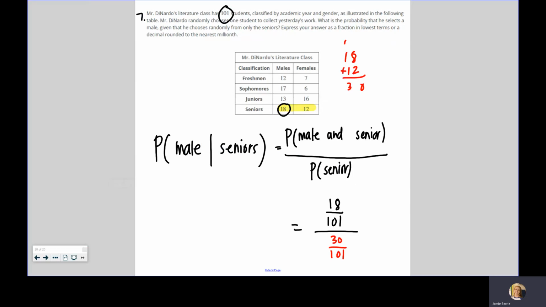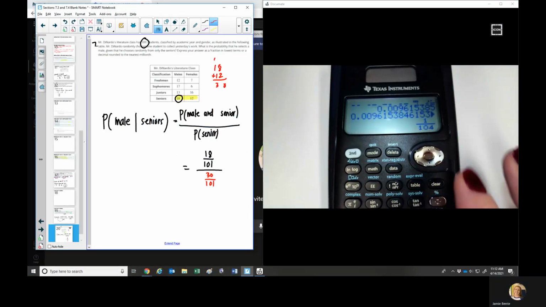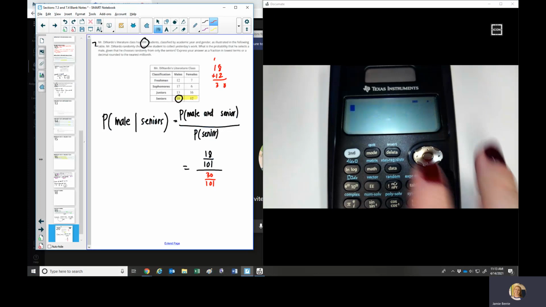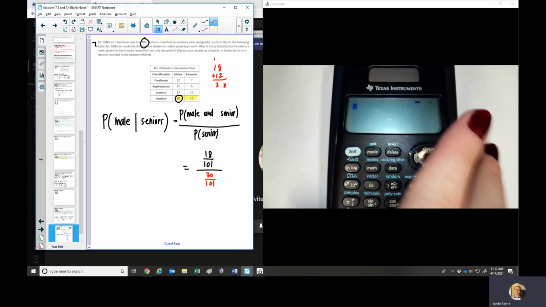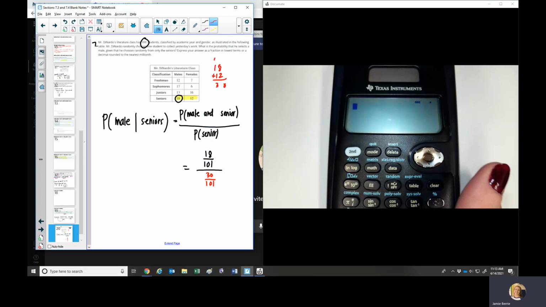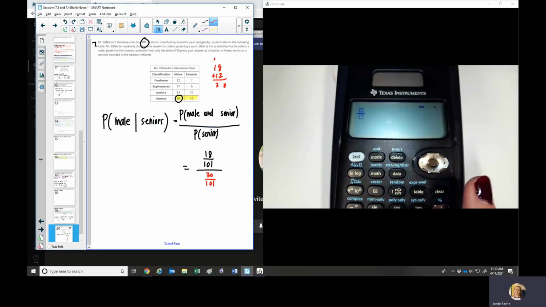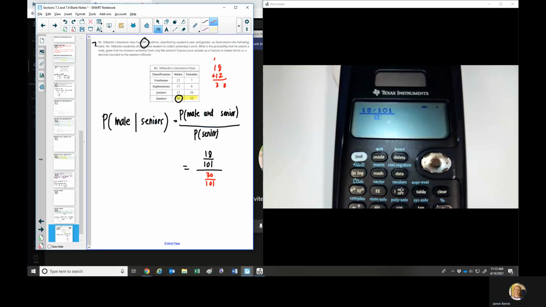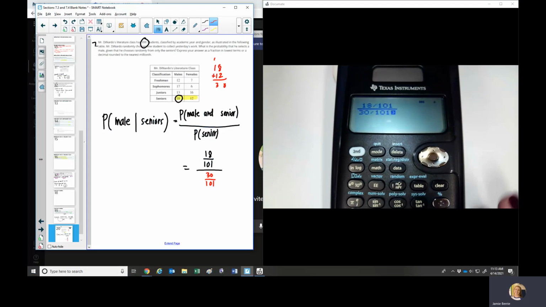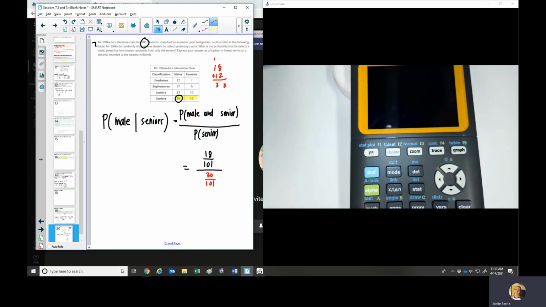All right, so now let's put this in our calculator. If you have a fraction button, just hit your fraction button and put your numerator up there, 18 out of 101, 30 out of 101. But let me show you how you would do this if you do not have a fraction button.